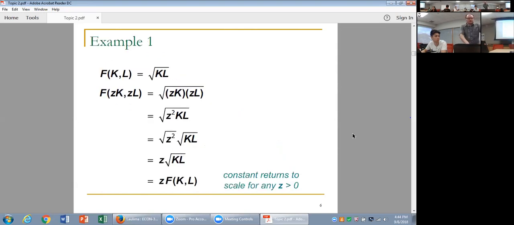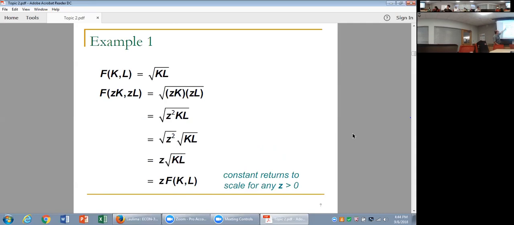Okay, so let's look at a very simple example here. This would be the square root of KL. I should have added that this would be state number 1, and this would be state number 2.